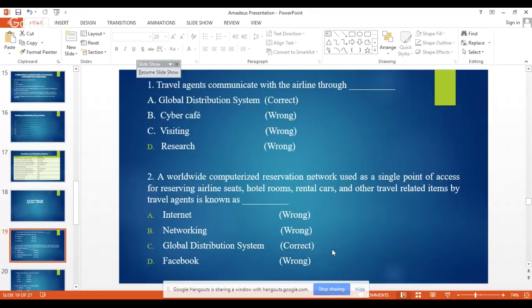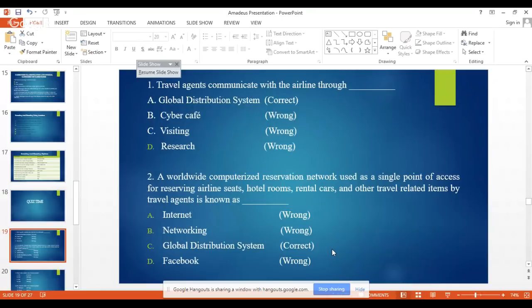The second quiz. A worldwide computerized reservation network used as a single point of access for reserving airline seats, hotel rooms, rental cars, and other travel-related items by travel agents is known as dash. Option A is internet. Option B is networking. Option C is global distribution system.